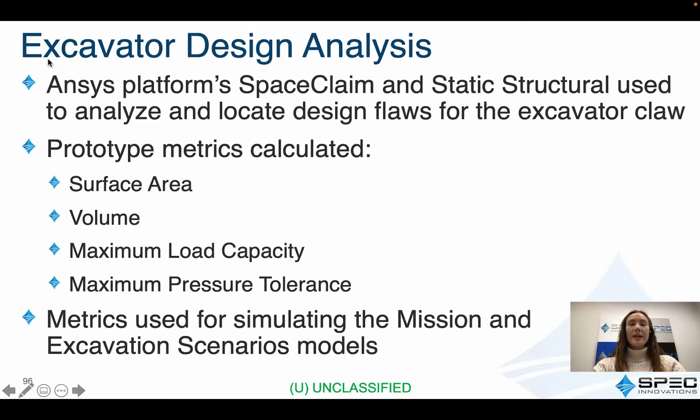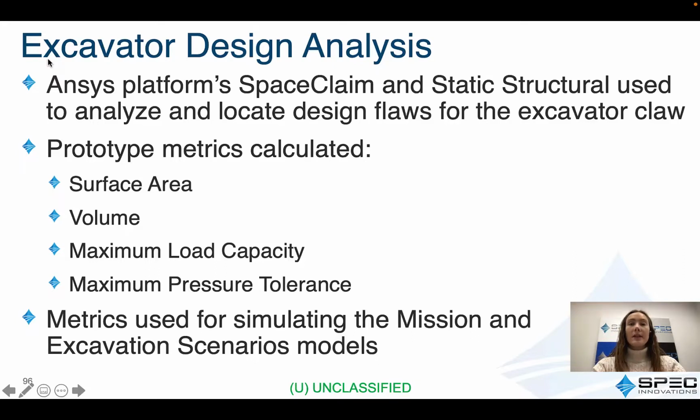Once the SPECTER prototype was completely built, testing was conducted as demonstrated in Task 2 and Task 3. To support verification testing, the Ansys platforms SpaceClaim and Static Structural were both used to analyze the excavator claw design and locate any design flaws. During the excavator claw design analysis, metrics were calculated by Ansys SpaceClaim and Ansys Static Structural.